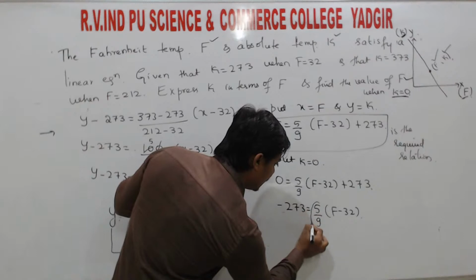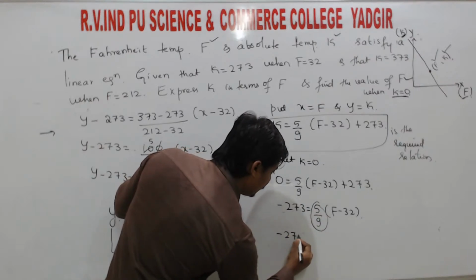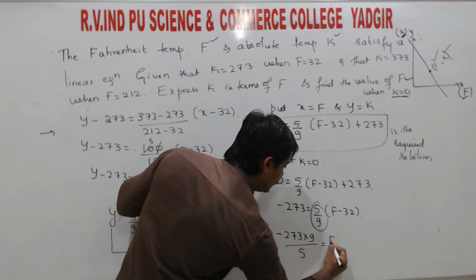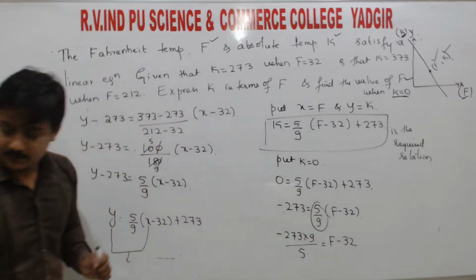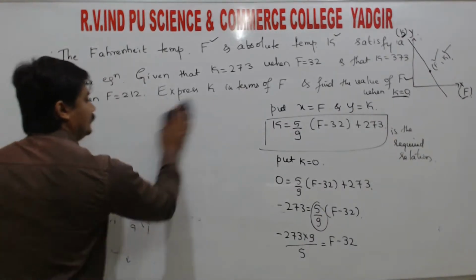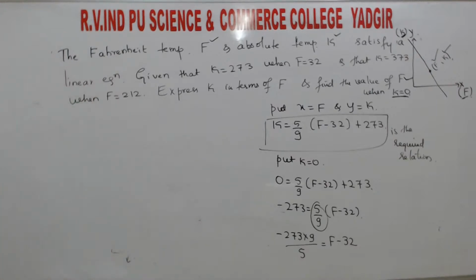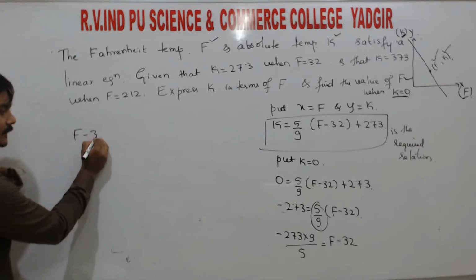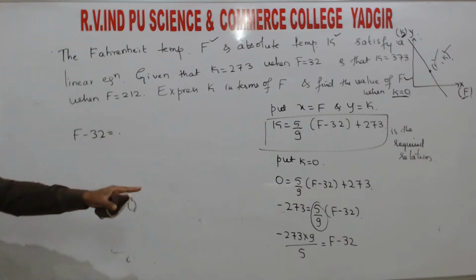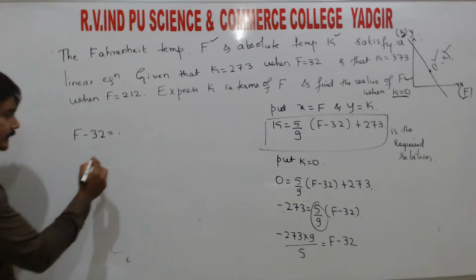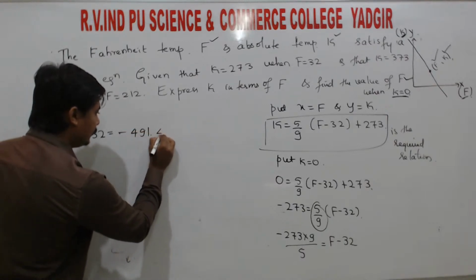If you take this 5/9 to the left side, it becomes minus 273 into 9/5 is equal to f minus 32. So finally, f minus 32 is equal to, if you simplify the data at LHS, minus 491.4.